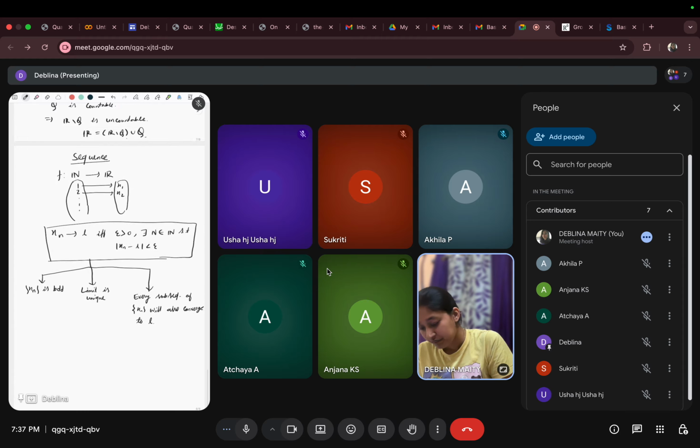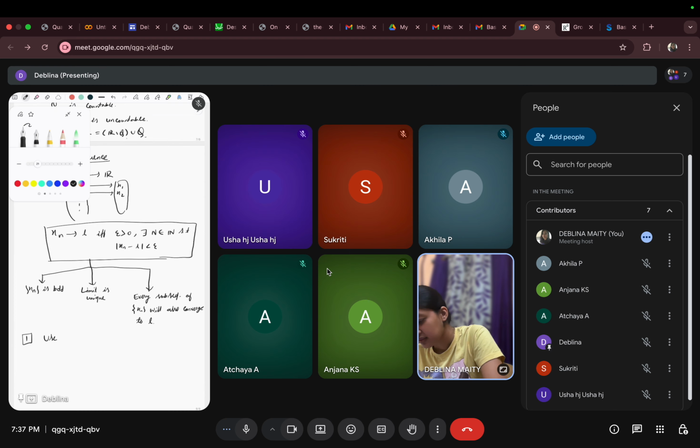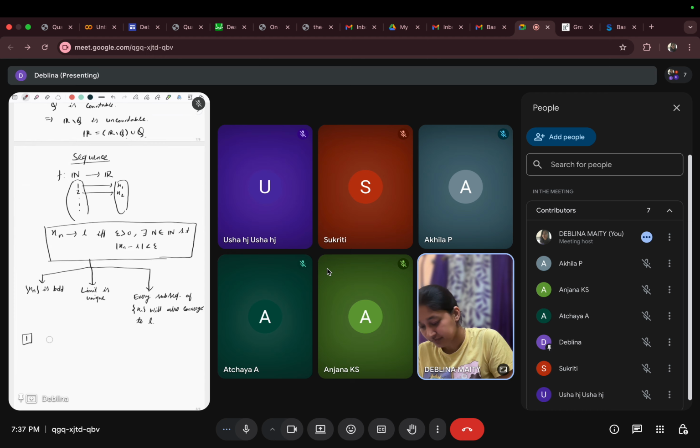Okay, so let's take the first problem. Use the definition of limit of a sequence to establish, first one, the limit of this.